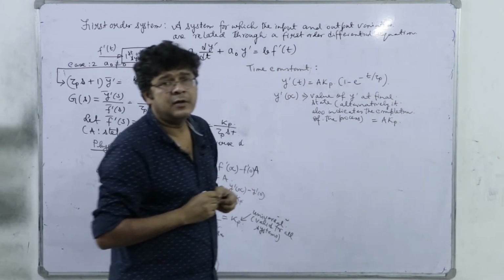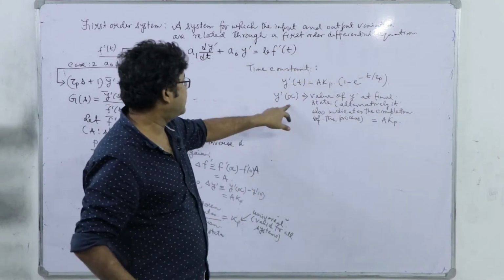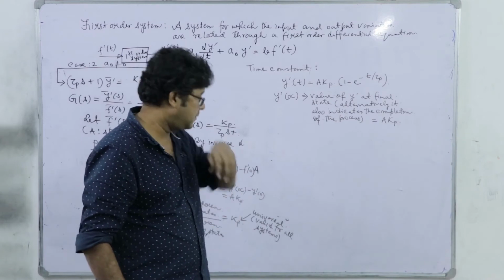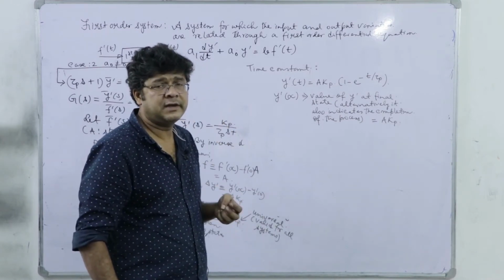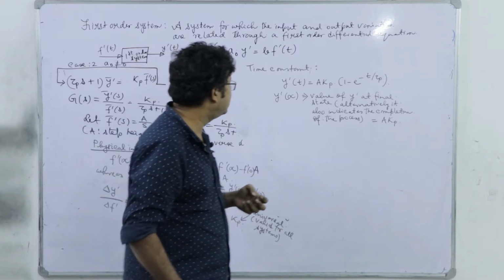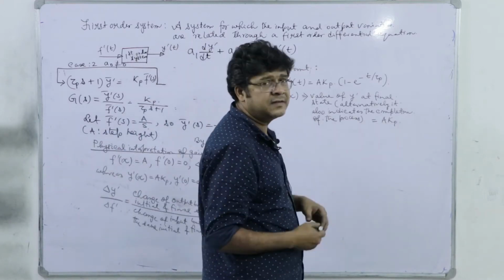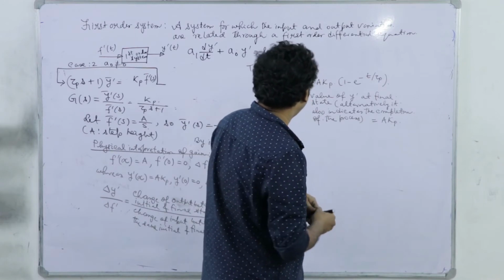That means when the output's deviation y prime is reaching this value of A K p, we can state that the process is complete, okay? And that needs infinite time theoretically.